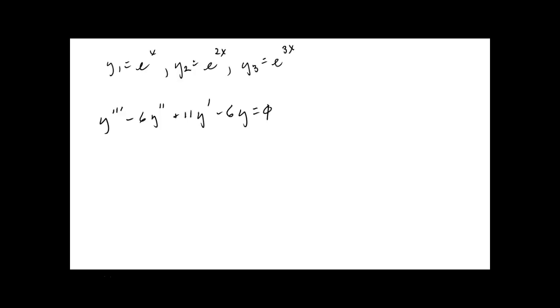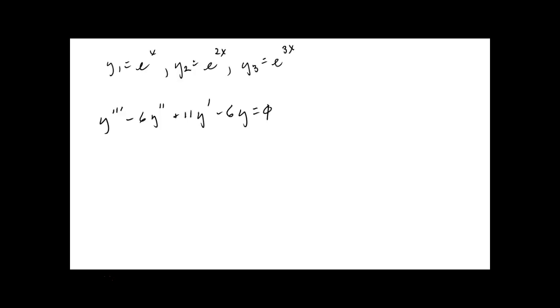Next one is going to be just a little bit more, but not bad. First derivative, 3e to the 3x. Second, 9. Third, 27. All I'm having are 3x's in them, so they're not 0, so you can ignore that, basically. So 27 minus 6 times 9, the second derivative is 9, right? 6 times 9 is 54.